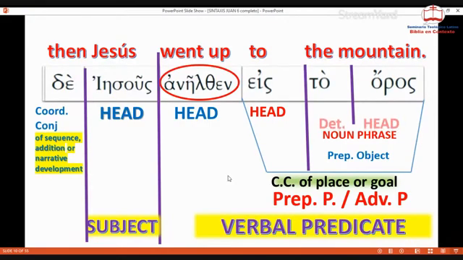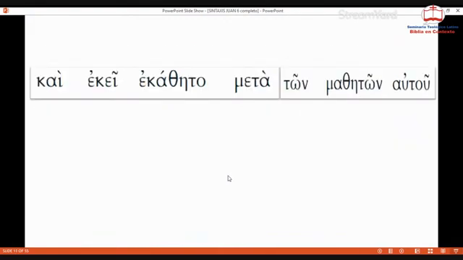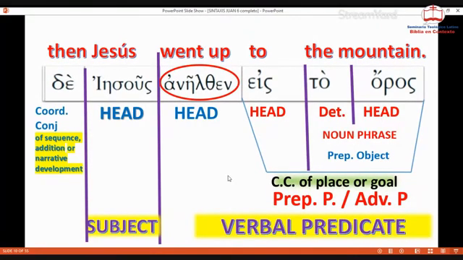And that noun phrase has a determiner article modifying the head, that is oros, adjectivally. So it's functioning as an adjective, determining the noun, the head of the noun phrase that we have here, to oros. Okay, so that's what we have here.